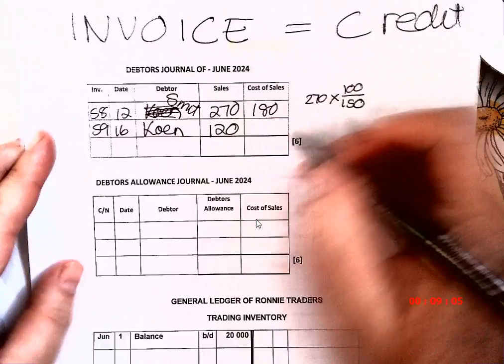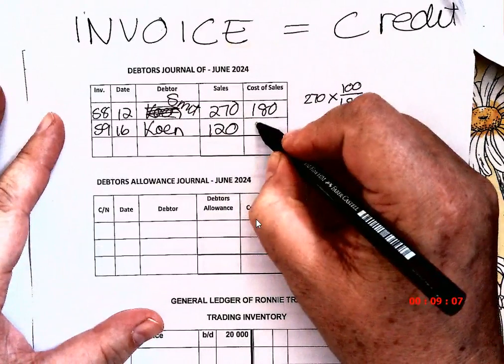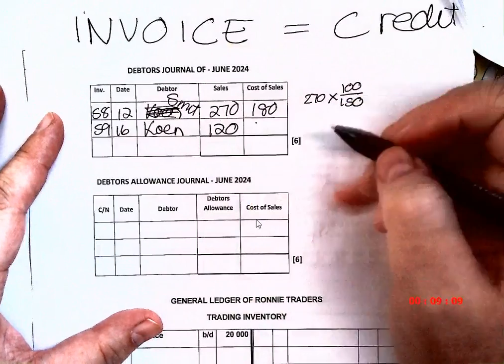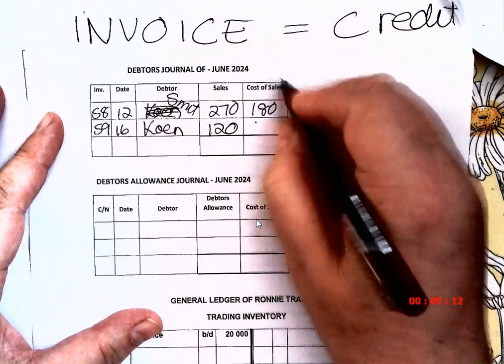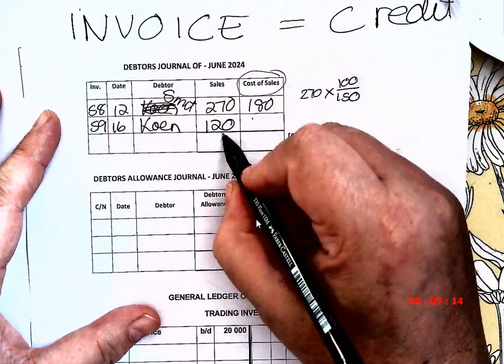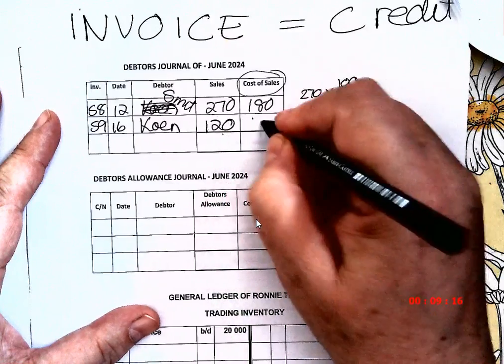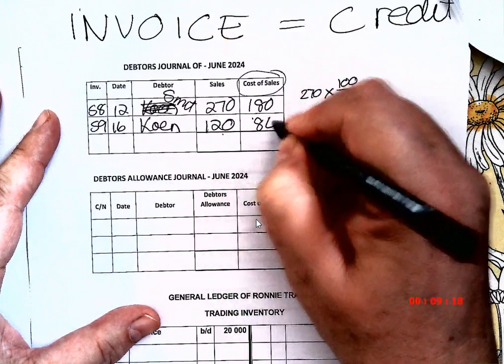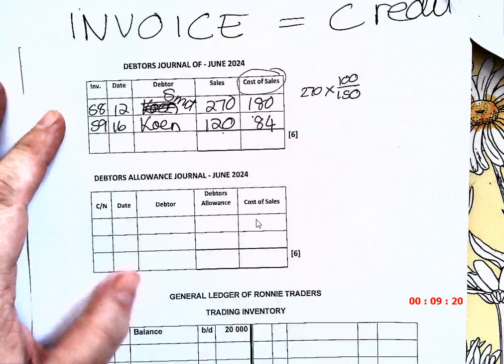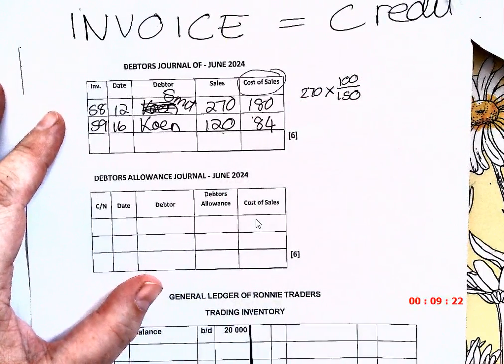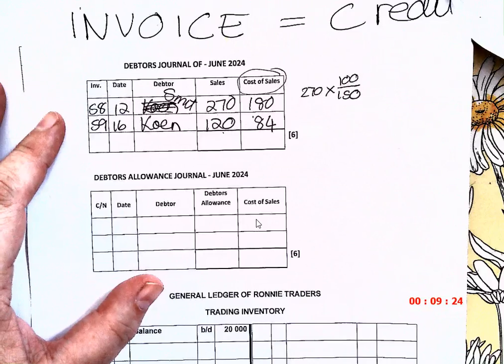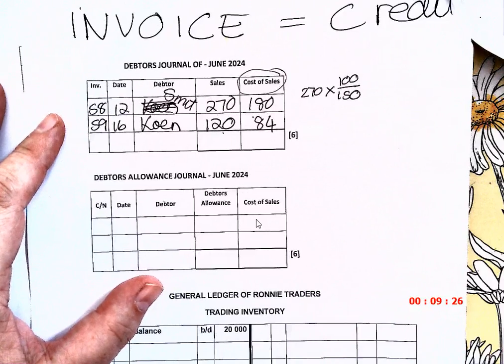Anybody? 264? It can't be 264. We want the cost of sales, so it must be less. 84. Is that what you also got? Okay, 84. You guys, this is something I'm going to test over and over again.